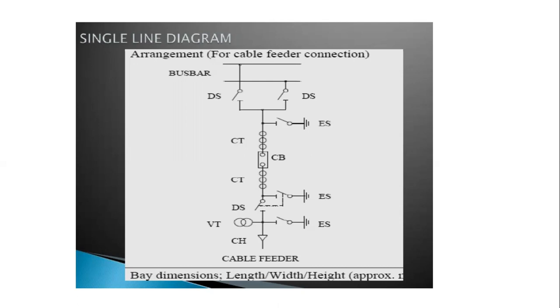Why? Because instead of air we are using SF6 gas. SF6 gas has high dielectric properties, so we easily quench the arc. Understand me? That's why we are using SF6 gas.